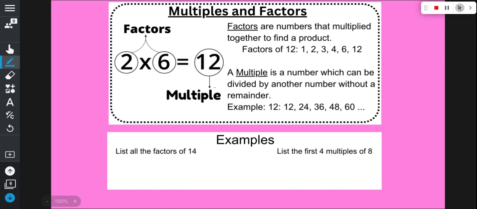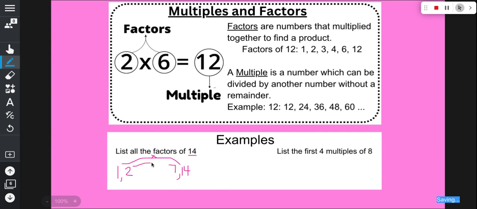So if we want to find all the factors of 14, I'm going to start with 1 and go all the way to 14, because 1 times 14 is 14. And then I'm working my way into the middle. 2 times what is 14? 7.